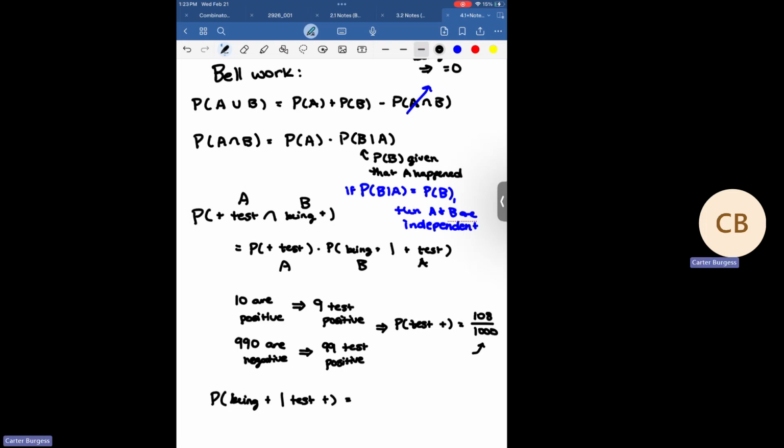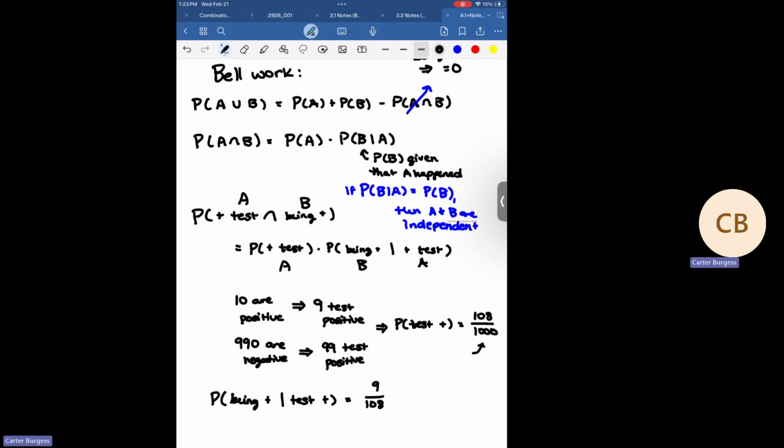Yeah, exactly. This is some number out of 108. And in fact, what number is it out of 108? How many of the 108 are actually positive? 9 of the 108 who were told that they have breast cancer actually have breast cancer.